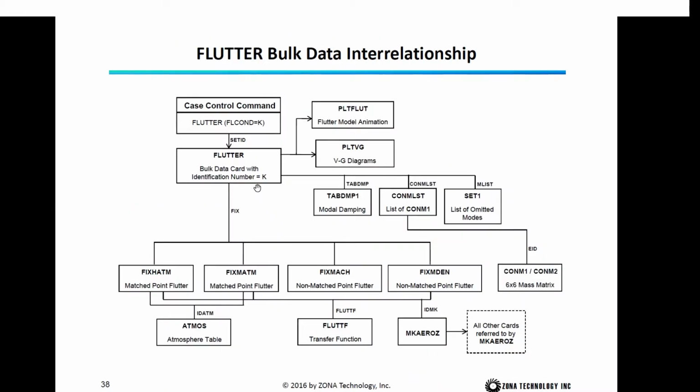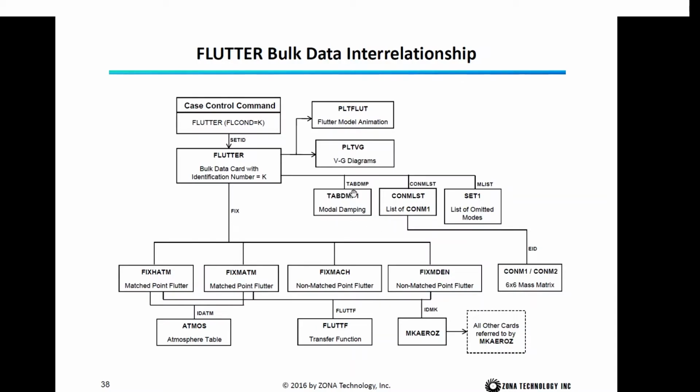The case control command is FLUTTER, and FLUTTER equals integer. This integer is the ID of the FLUTTER card. In the FLUTTER card, you can refer to 2 types of match point flutter analysis card and 2 non-match point flutter analysis card.